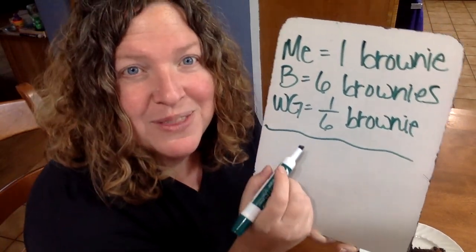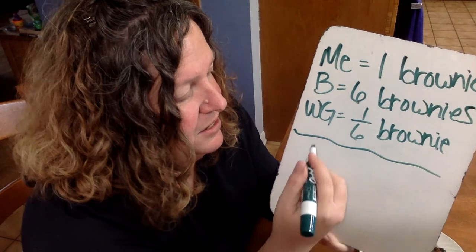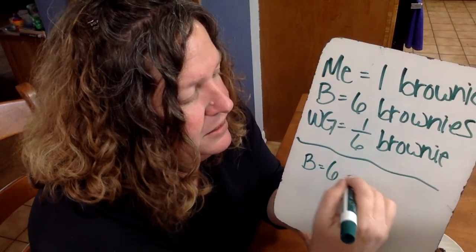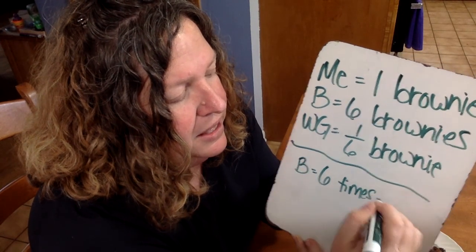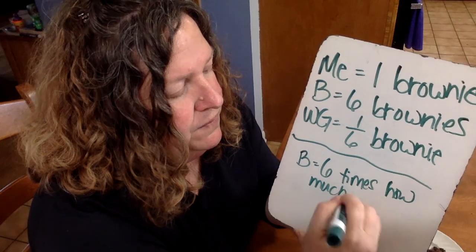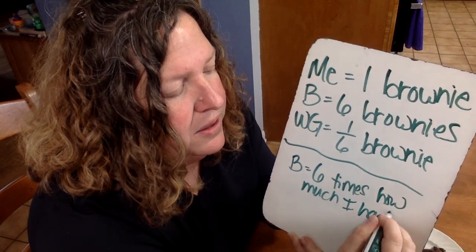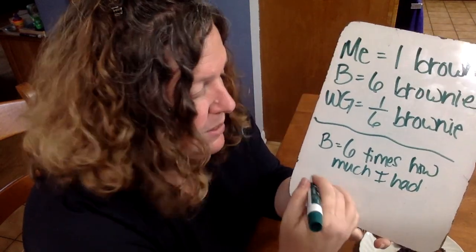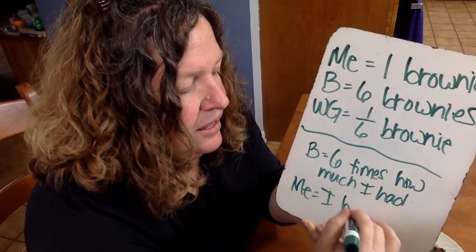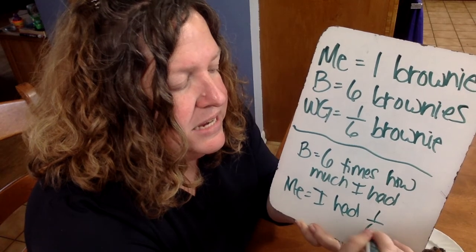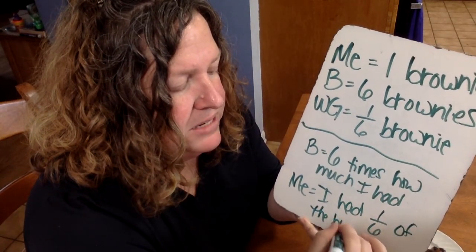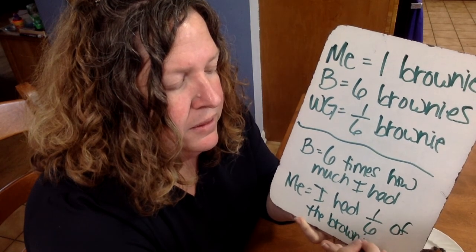So the other way we could think about this is Britton had 6 times how much I had, or think about this too. I had 1/6 of the brownies he had.